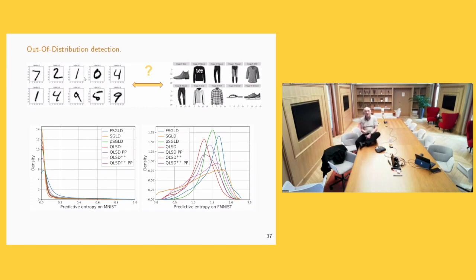It's clear in such a case that the predictive entropy is much higher out of distribution. That's good, in the sense that when you have something which is not at all in the training set, the predictive values are spread over different levels. This is what you expect.